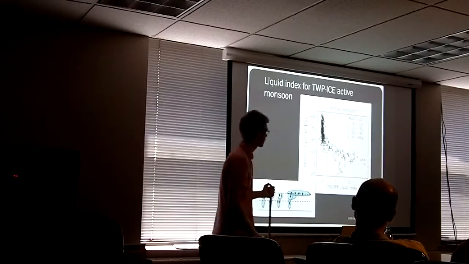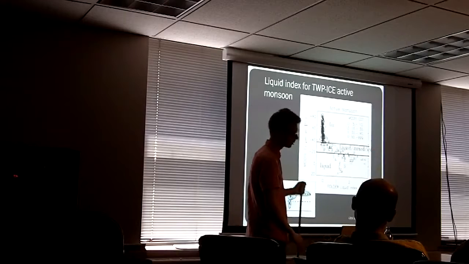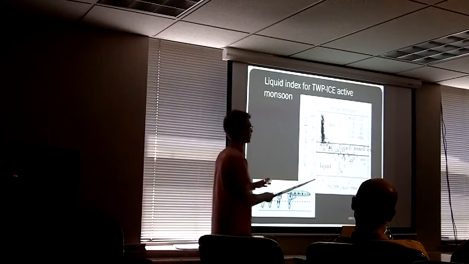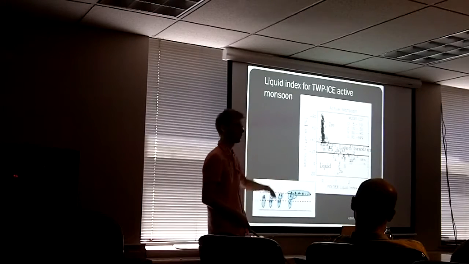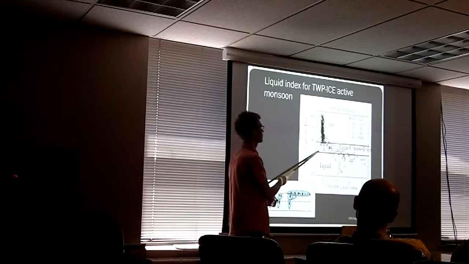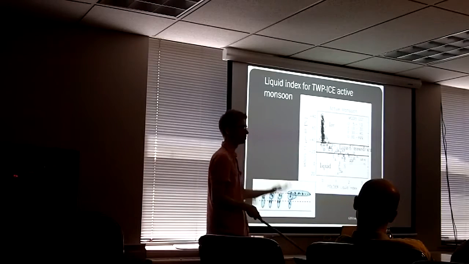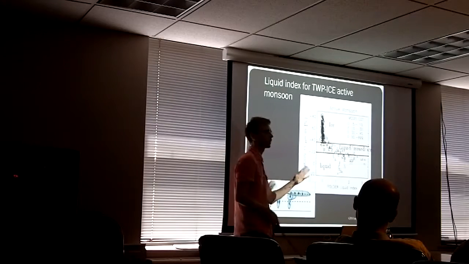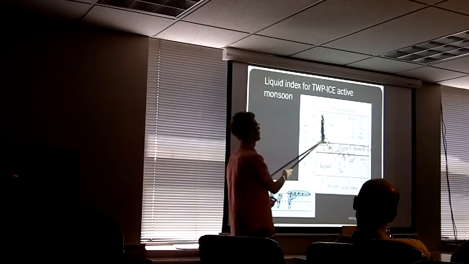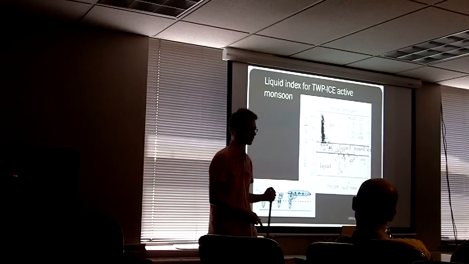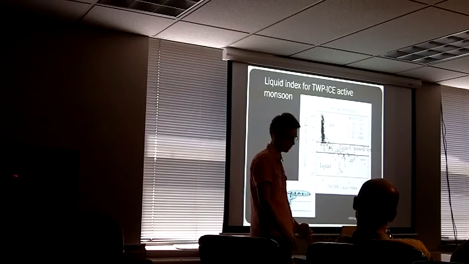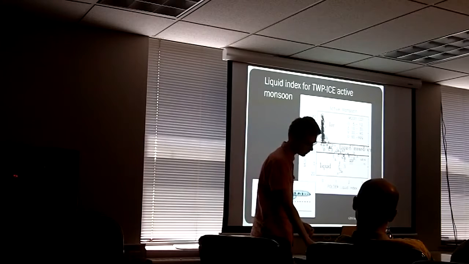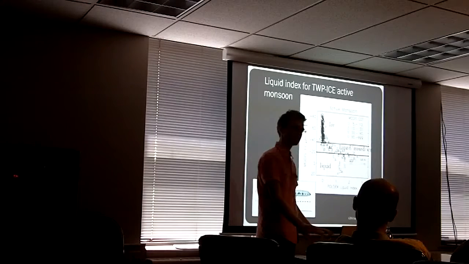So you really see these three regions. First, the liquid region, warmer than -20. Then the region where you have liquid or mixed or ice between -20 and around -35, and then ice for colder temperatures. So that's the cloud phase.